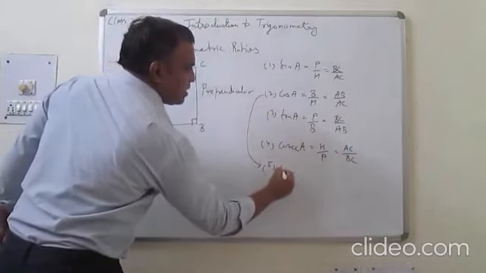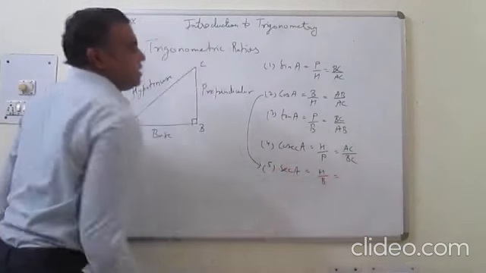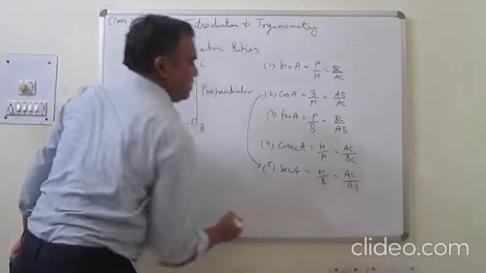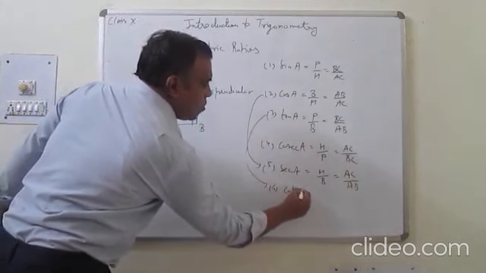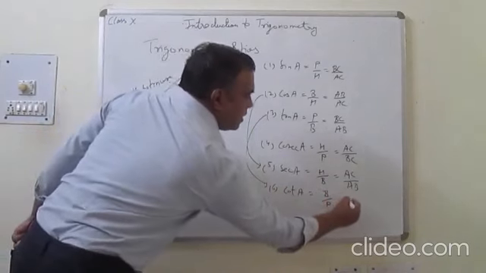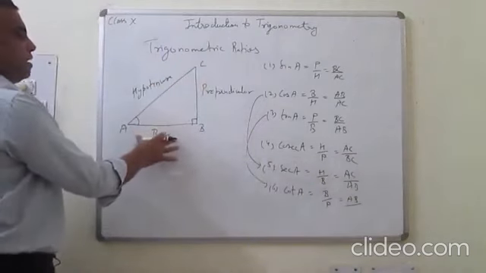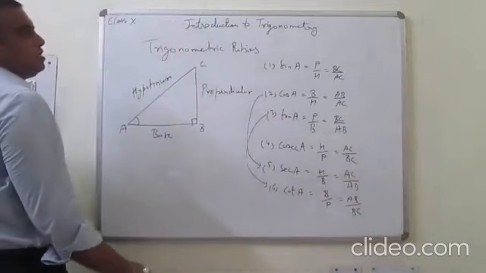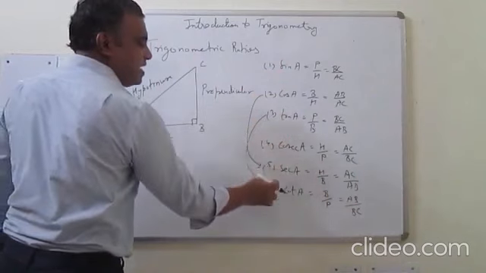Sec A is hypotenuse upon base, it is AC upon AB, and cot A is B upon P, AB upon BC. So these are the trigonometric ratios: sin A, cos A, tan A, cosec A, sec A, cot A.